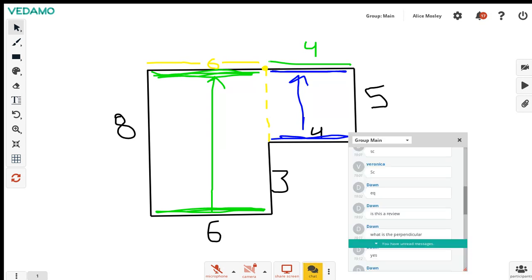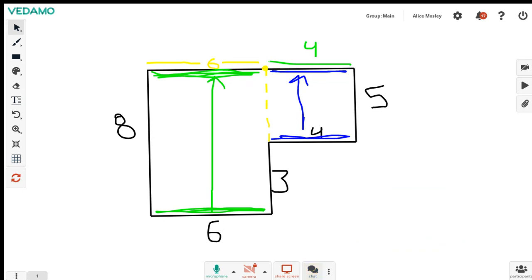Okay. So now can you all tell me the perimeter for this? Can you all write in the chat box the perimeter for this? Let's say the answer is 36. Okay, I got your answer. Let's see what others get.